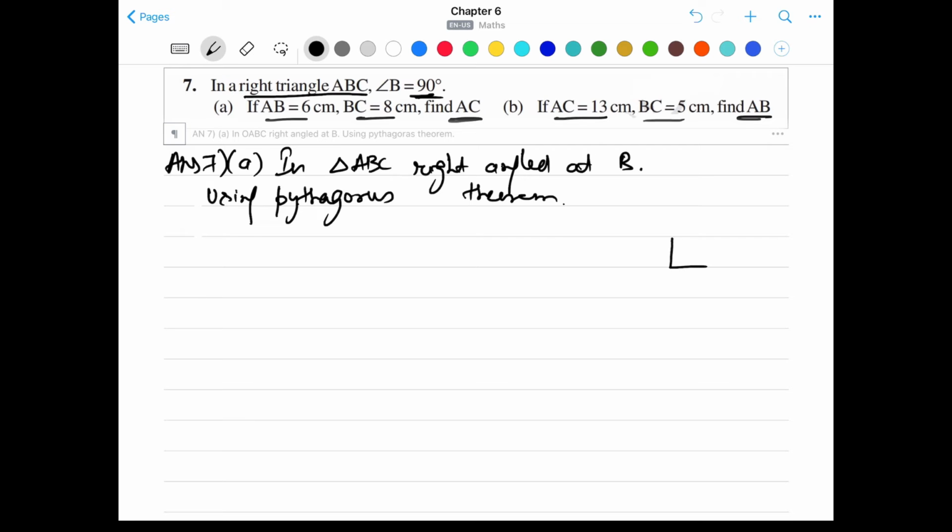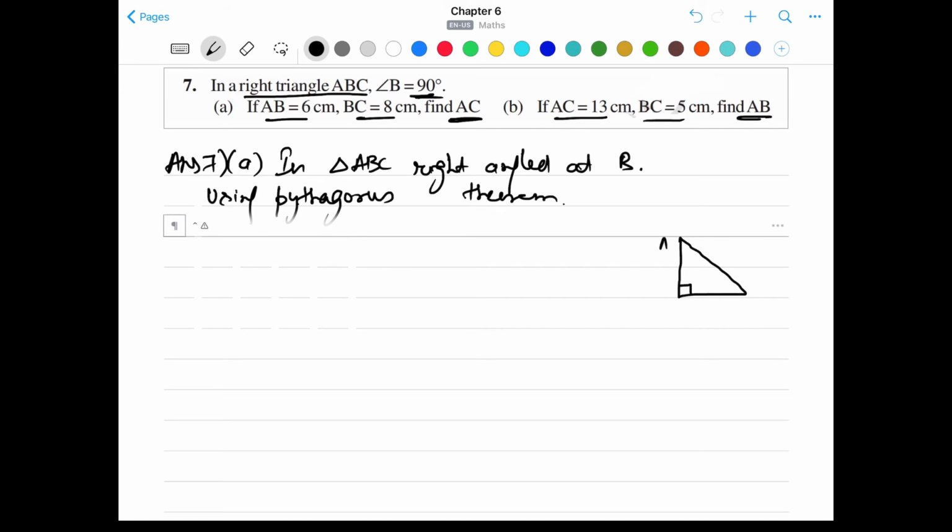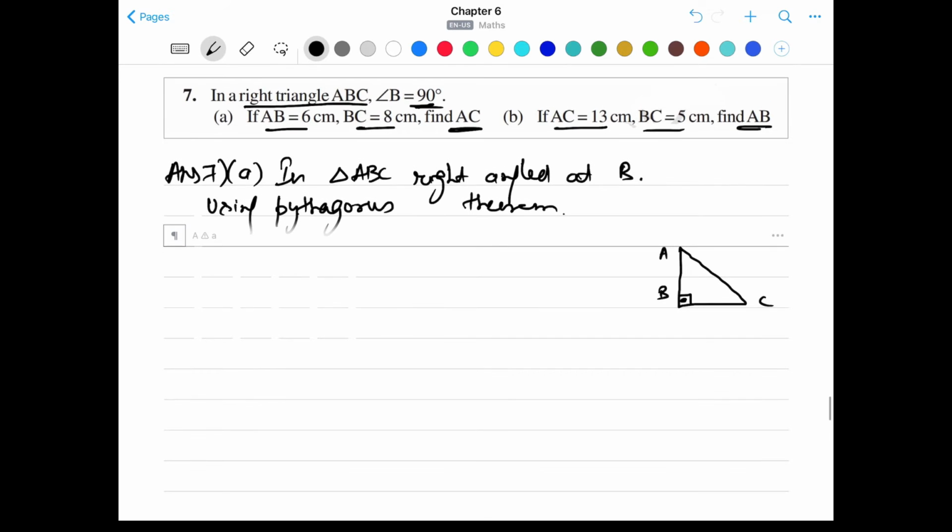Suppose this is a triangle ABC, right angle at B, so let's name the points A, B and C. This is the right angle at point B. Side AB is given, which is 6 centimeter. Side BC is given, which is 8 centimeter, and we have to find the side AC.